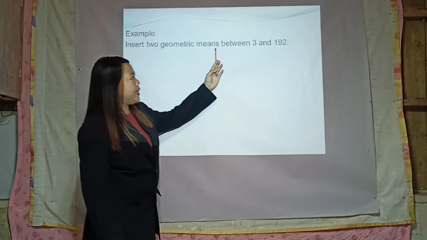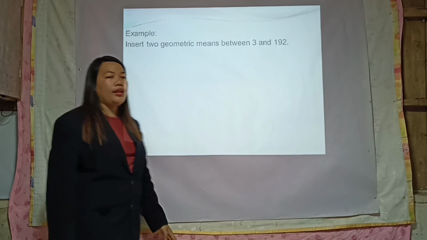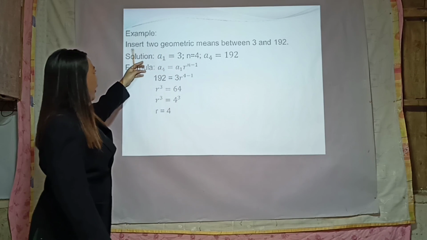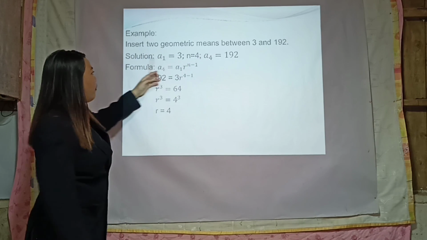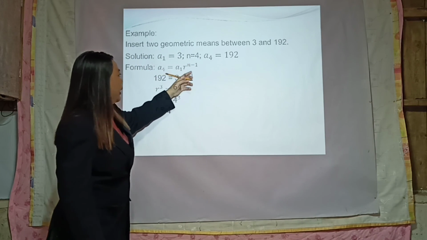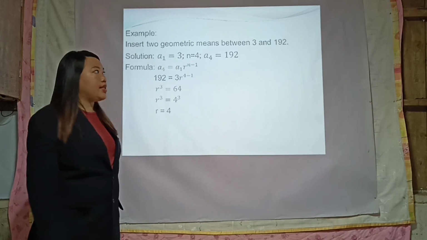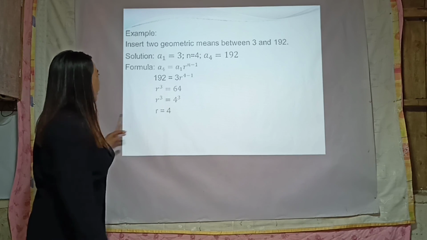So example, insert two geometric means between 3 and 192. So in this example, we're finding two geometric means, therefore, this will be the formula of finding the two geometric means between 3 and 192.